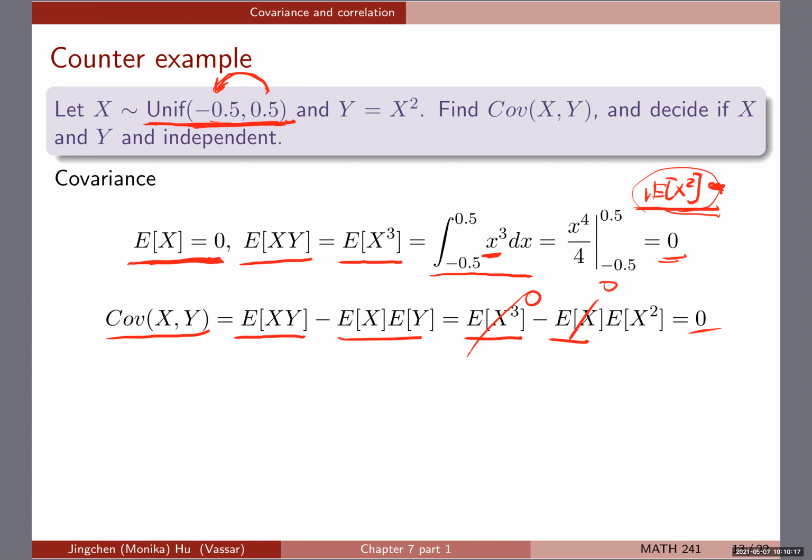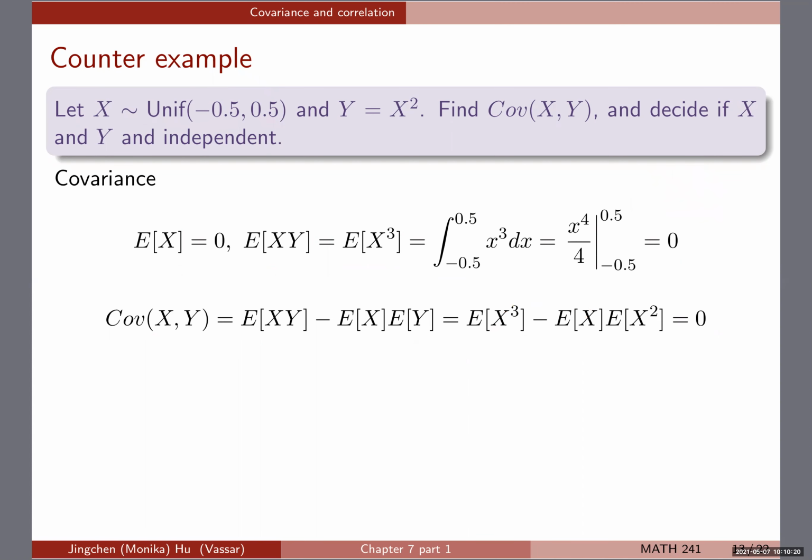All right, so we arrive at the result: the covariance is 0. But just like I was saying earlier, they're not independent because y equals x squared. In this particular case, you can just say that y is x squared, so they're not independent.